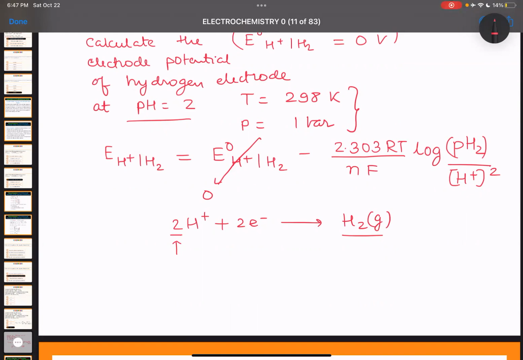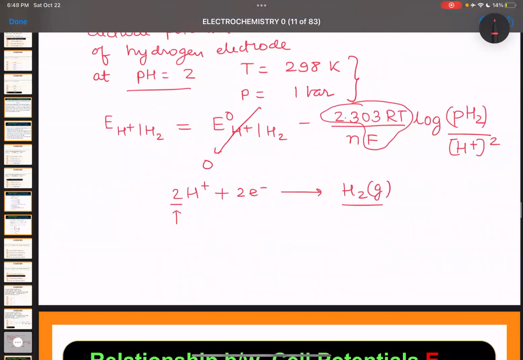This is 0, and the 2.303 RT by F value we already calculated, that is, I told you 0.0591. So 5.9, you can take it as 6. It will make the calculation easier. Electrons are 2.